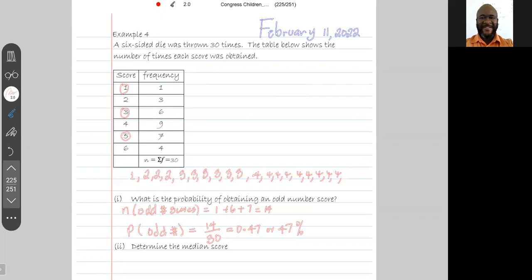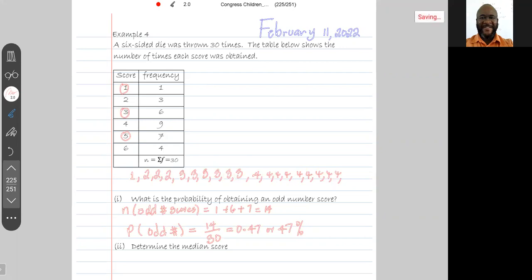Now the median would be the middle value when the values are arranged in ascending order. Obviously, I'm not going to sit down and write out the 30 values. And even if I decided to do that in this case, what happens when there are 1,000 values? So there must be some other way for us to identify which score is the median score without having to list all of the values.